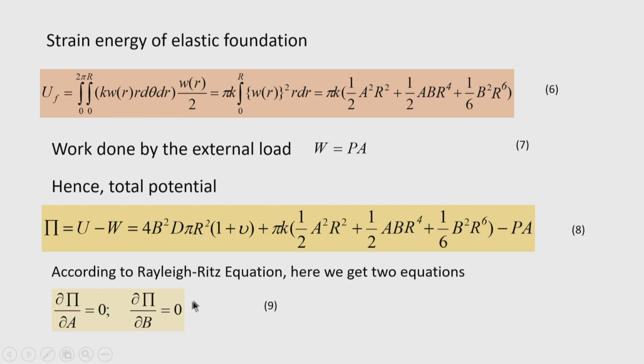Now, apply Rayleigh's method. There are two constants involved, capital A and capital B. We differentiate the total potential pi with respect to A and equate to 0. Next, we differentiate the total potential pi with respect to B and equate to 0.